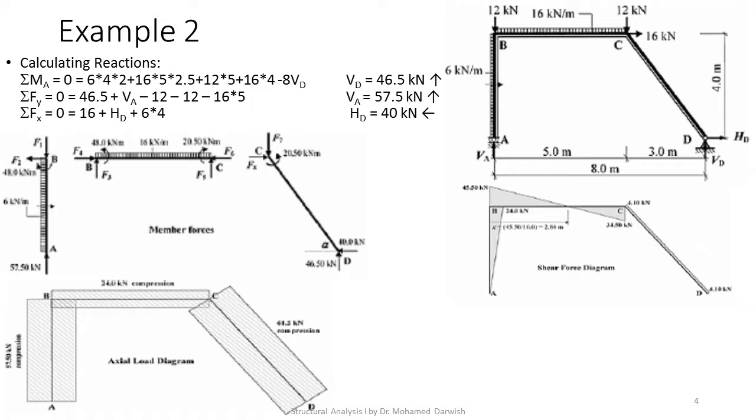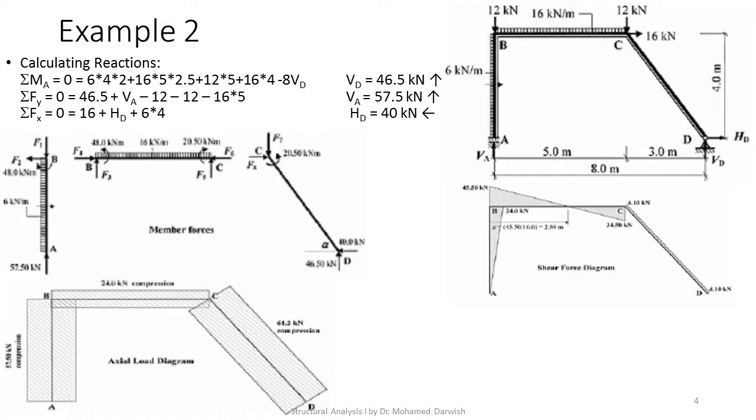If I take a section just below BC, I'll see the 6 times 4, which is the 24. You'll notice that this 24 is that same 24. Why is that? Because, simply speaking, we have a member that was subject to 24 kilonewton and transferred that 24 to the other member as an axial force.